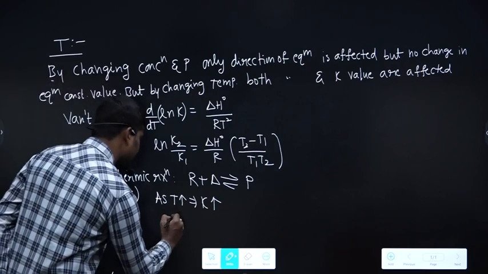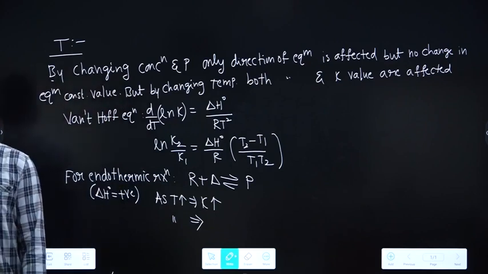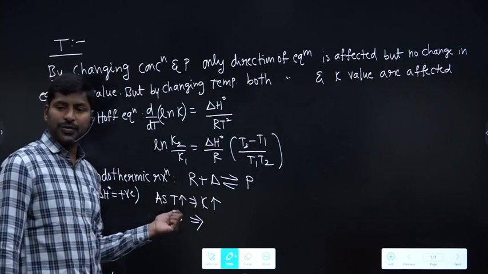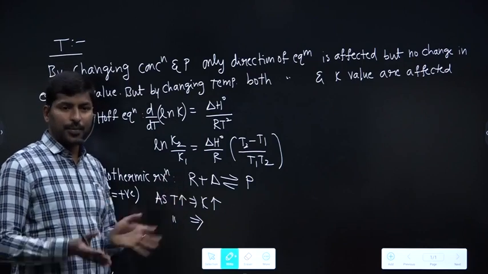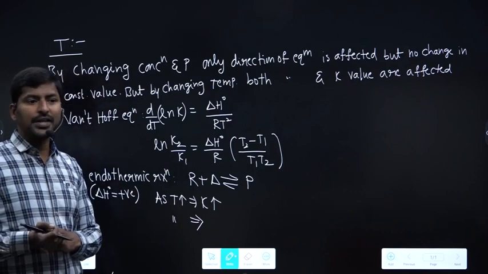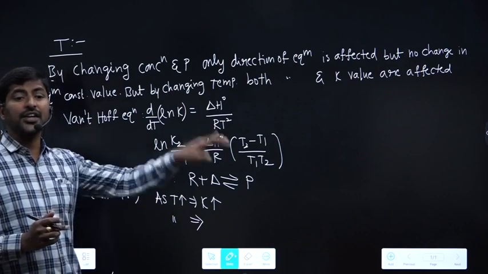Next, as temperature increases, in which direction does equilibrium proceed? Forward direction. Increasing the temperature means we are supplying heat energy, so it proceeds in the direction where heat energy is consumed.